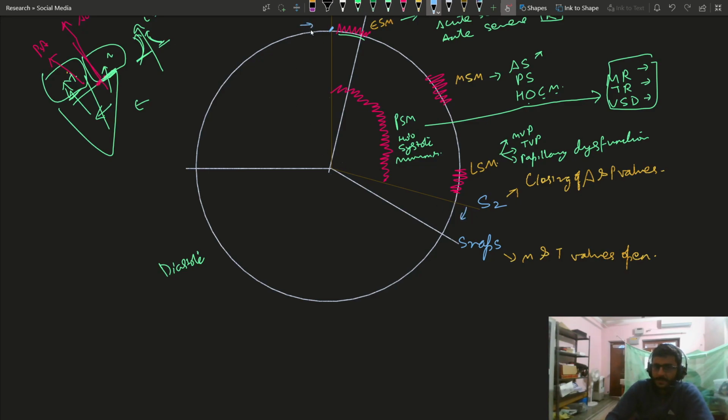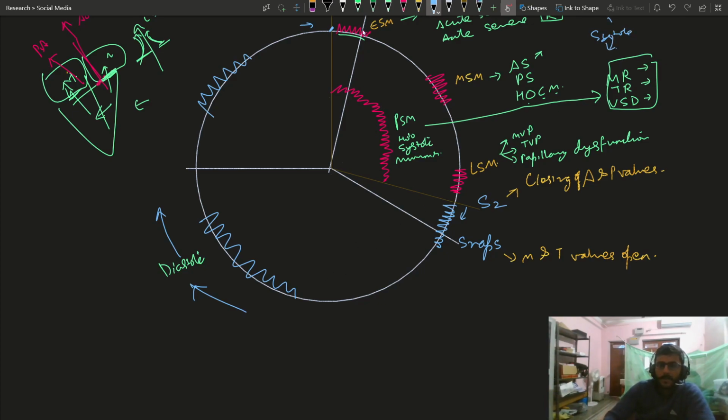Diastole starts here, ends here. You know, diastole is longer than systole. So during diastole, we can have an early diastolic murmur, a mid diastolic murmur, or a late diastolic murmur. If this is the direction of the cycle, even systole was this way.